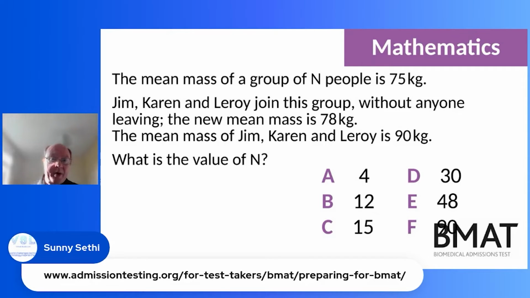So using a bit of algebra, you can quite quickly calculate what the value of n is, which is the number of people in the group without the additional 3 people. I'll give people a moment if you want to have a quick go at answering this question. I will give you a clue that the correct answer is not D this time.